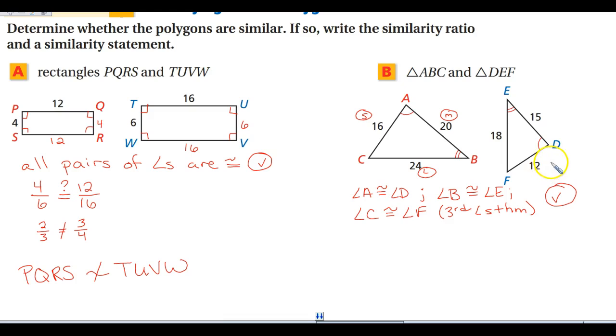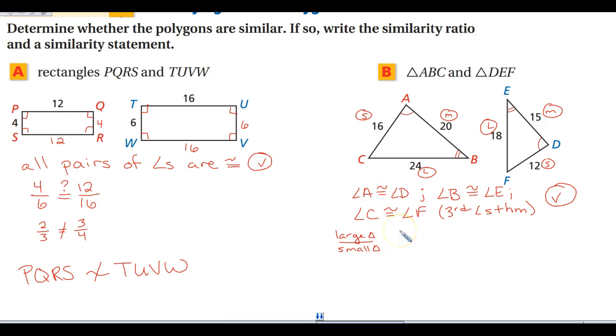Same thing over here: 12 is my smallest side, 15 is my medium length side, and 18 is my long side. I'm going to put my left triangle over the right triangle. Everything that I'm going to do here is set up my larger triangle over my smaller triangle, to help keep me organized.